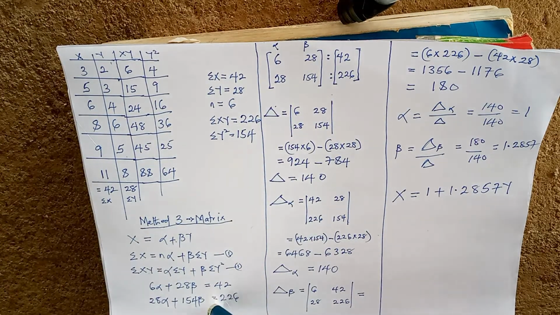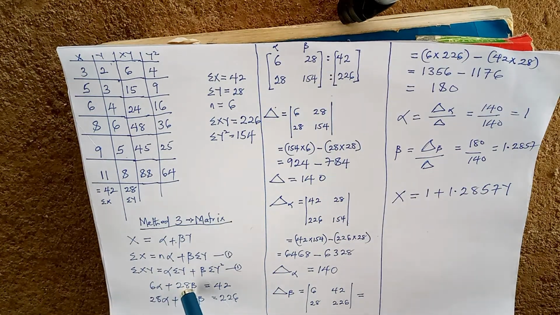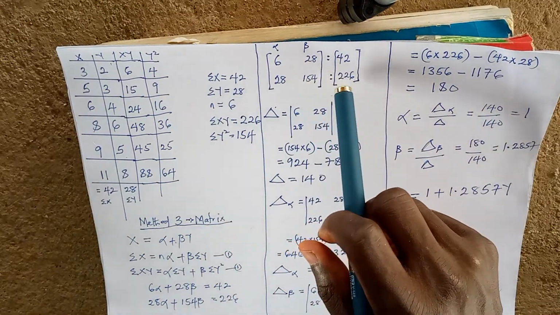Now representing this in matrix form, we have 6 28 equals 42, and 28 154 equals 226. We are taking the coefficients.